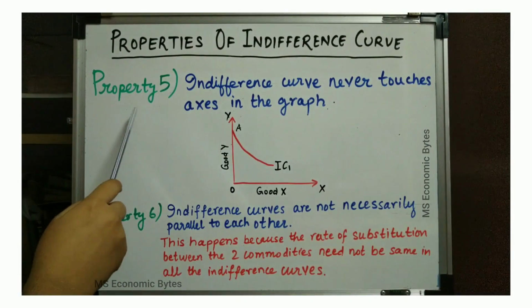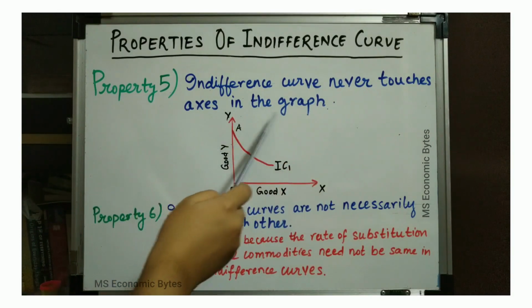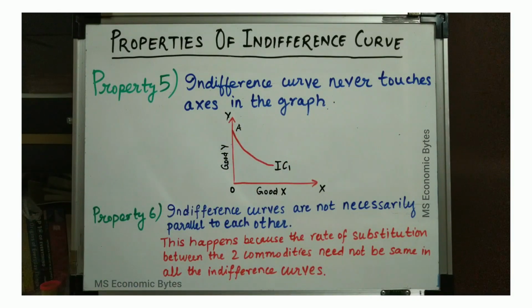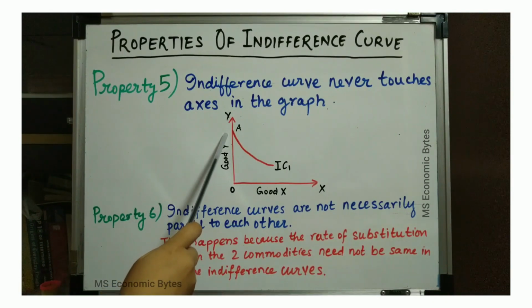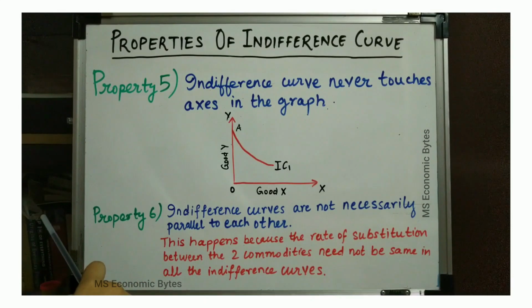Now the fifth property of indifference curve states that an indifference curve never touches the axis in a graph. This particular property arises from an underlying assumption that the consumer should be consuming some amount of both the commodities. Now let us say that the indifference curve touches one of the axes. In this case, it is touching the y-axis.